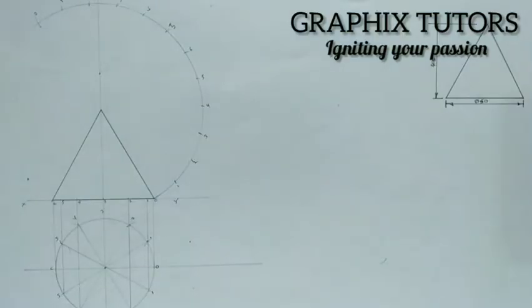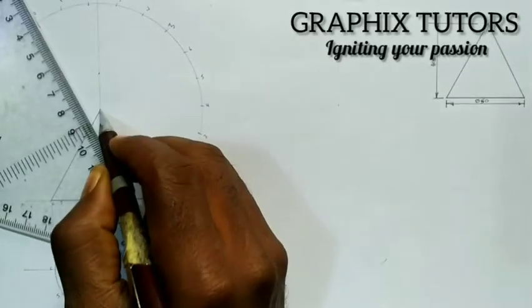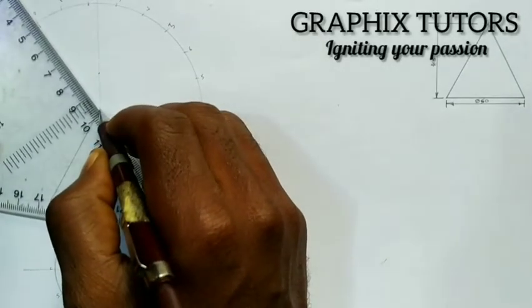So what I'll do is draw a straight line that will connect the center of this triangle to every point there. This is what I'll have.